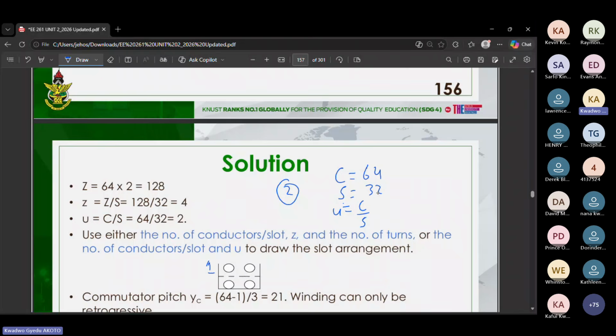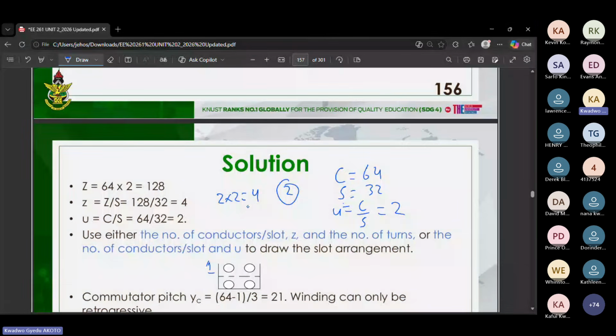So now we know that we have 2 columns, 2 rows. That means we are going to have 4 conductors per slot, right? He decided to go about it with a different approach, but this is how I am going about it, okay?